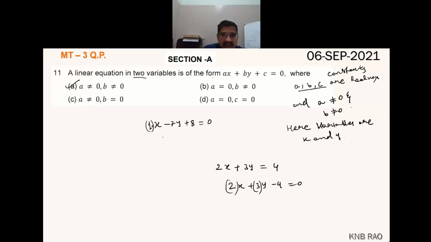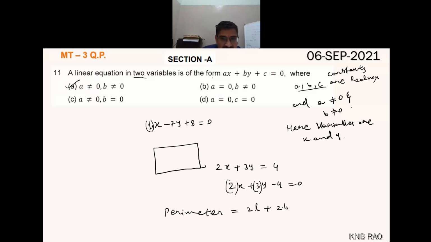Are you understanding it, Gangadhar? Yes, sir. Let's take a rectangle. Rectangle has some length, some breadth. We don't know. What is its perimeter? Its perimeter is 2 times its length plus 2 times its breadth.